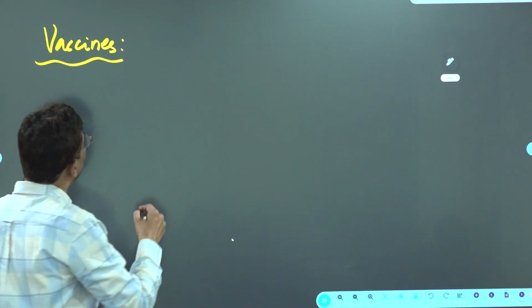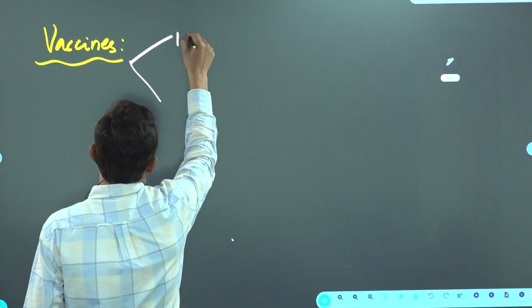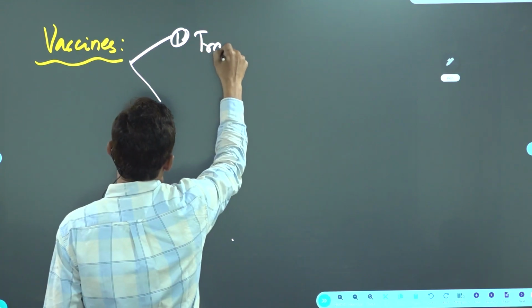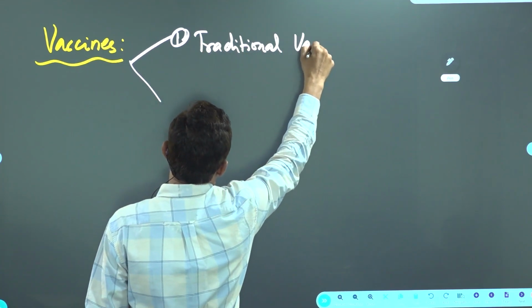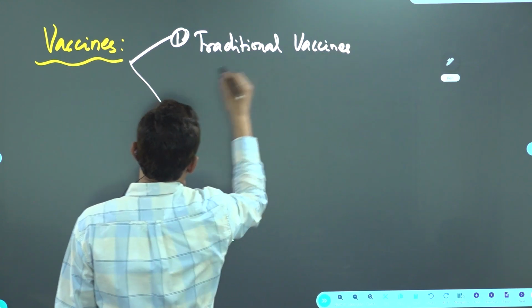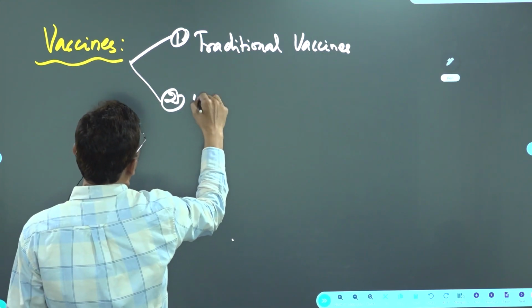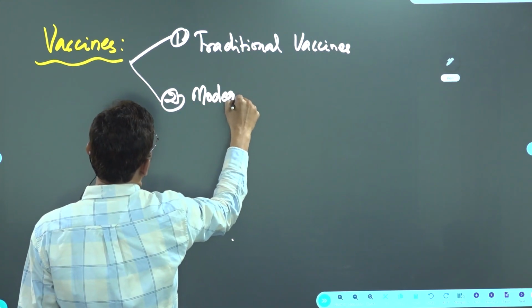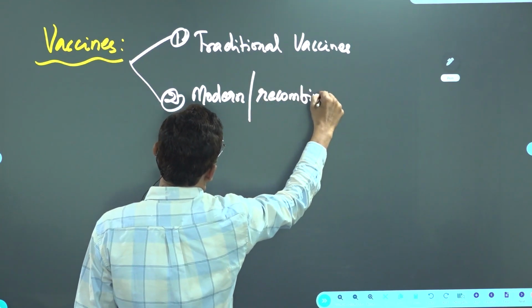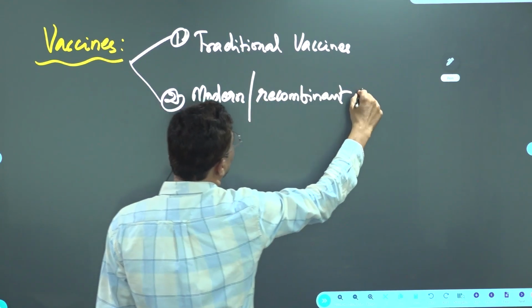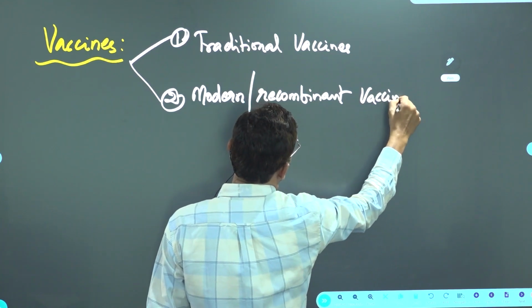Generally, vaccines are of two types. One is traditional vaccines, and the other is modern vaccines, which are also called recombinant vaccines.